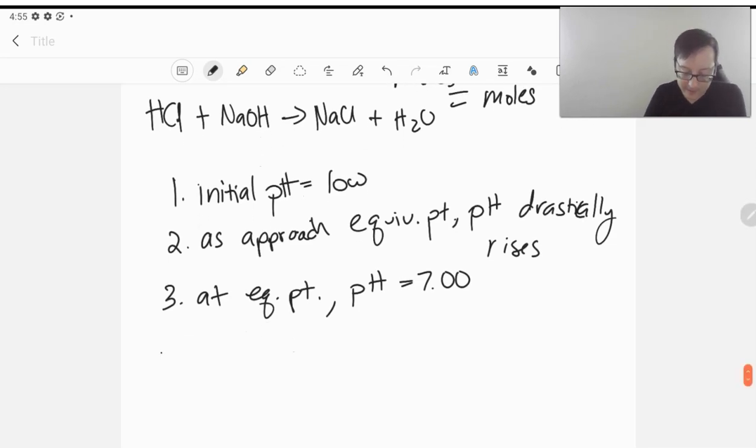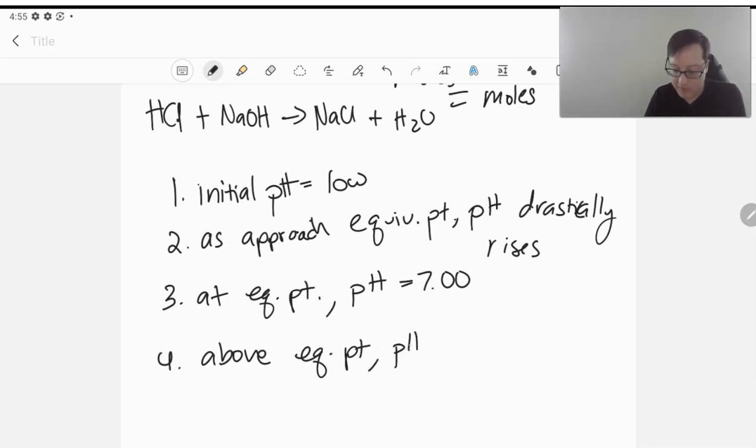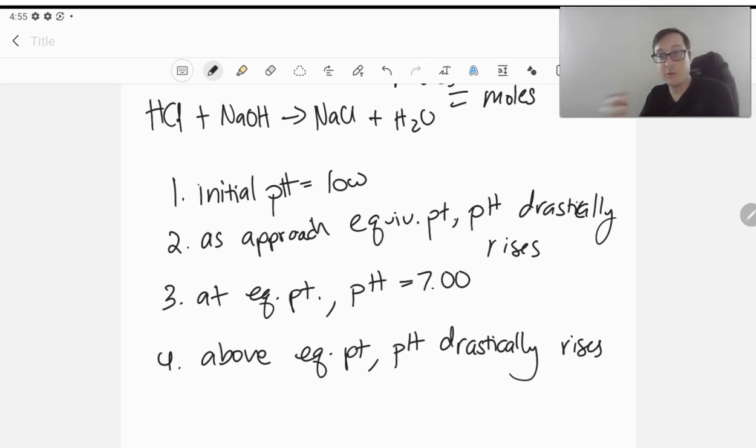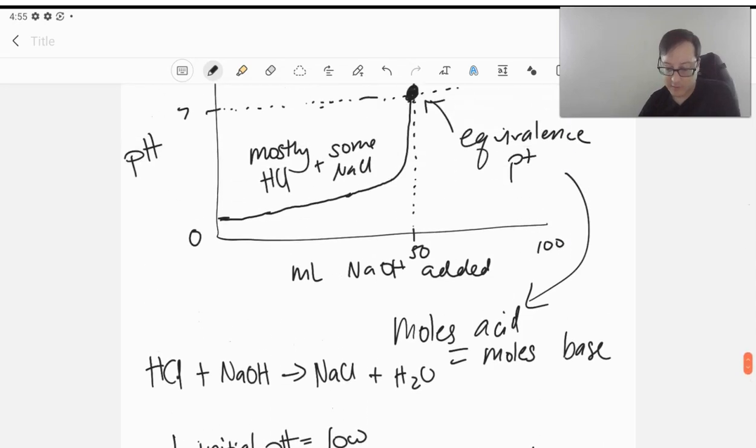And then finally, above the equivalence point, the pH drastically rises again, very dramatically until we reach our end point, as it were.